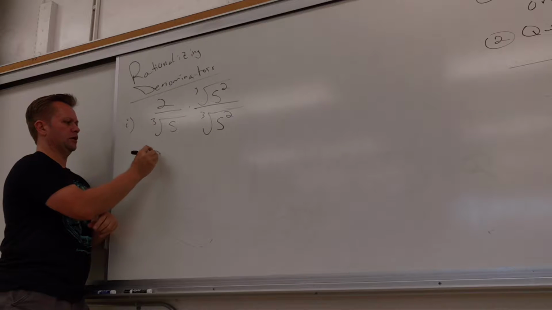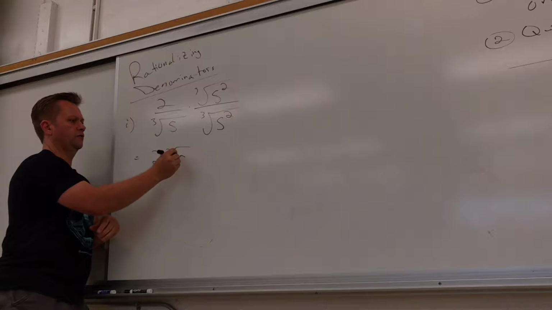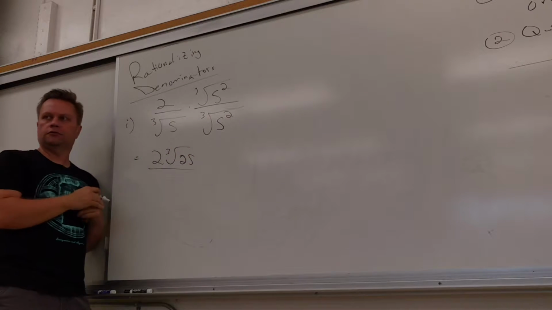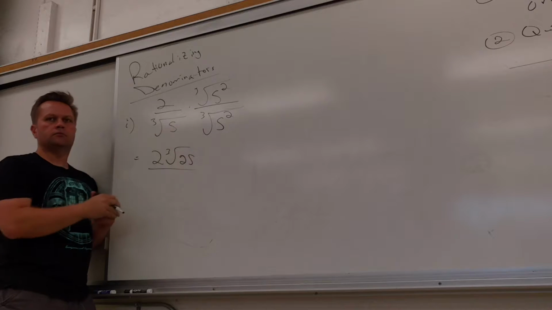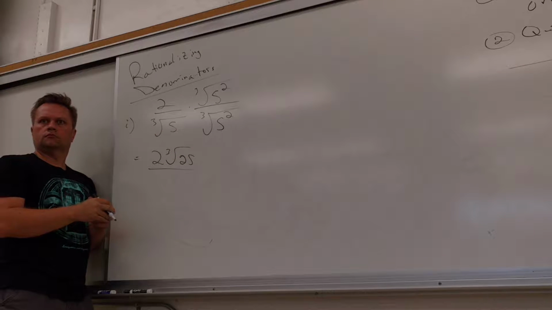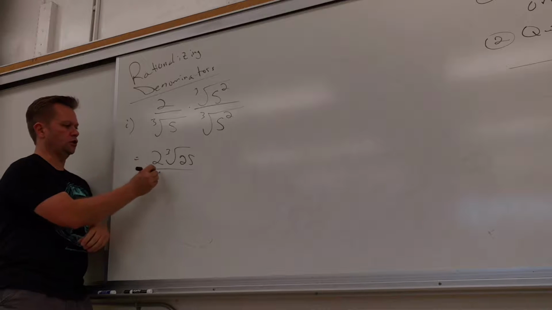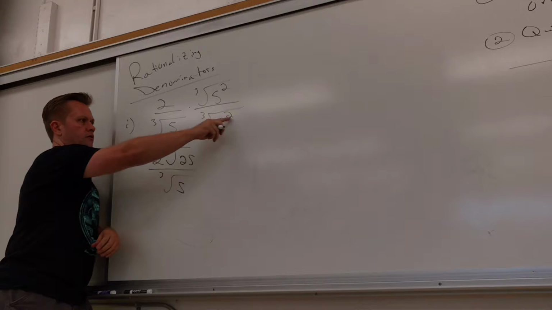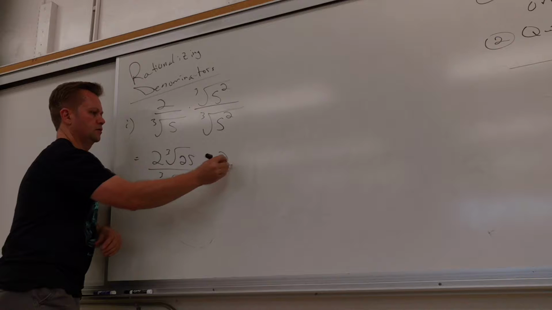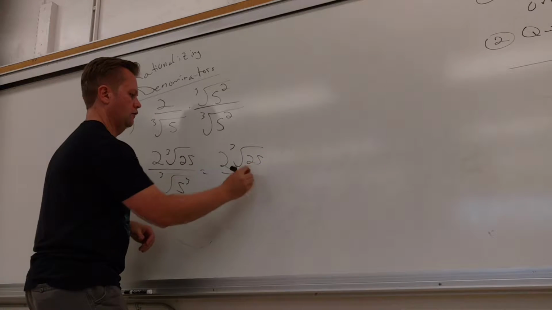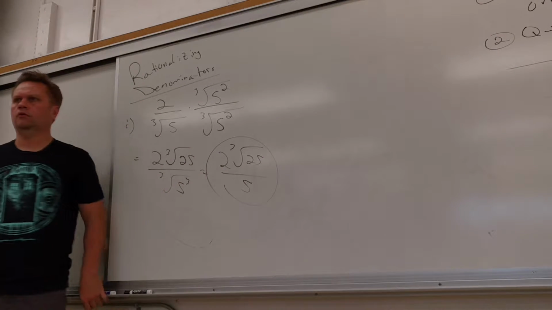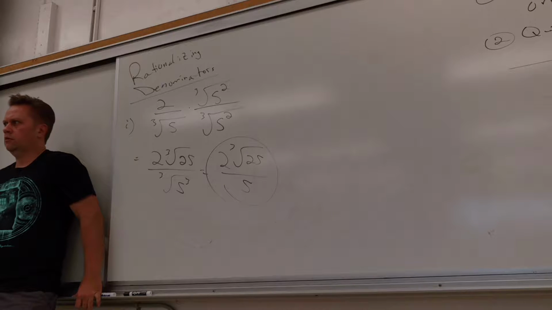So now I get, what do I get? I get 2 cube root of 5 squared, so we'll just write 25 there. Is that cool? Now what do you get on the bottom? 5. Yes, because you get the cube root of 5 cubed, which is 5. Let me stop.